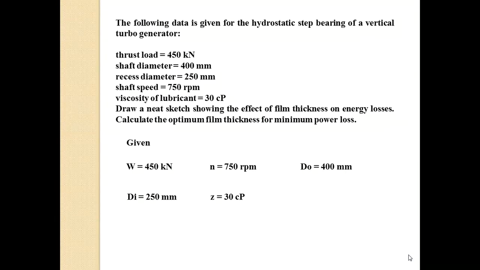First we will see which formula we are going to use. This is the formula used to find the unit bearing pressure, Pi. Pi is equal to 2 times W into log to the base e of Rho divided by Ri, whole term divided by pi into Rho square minus Ri square.